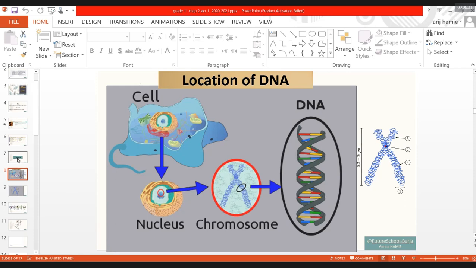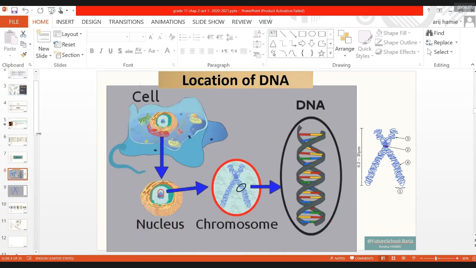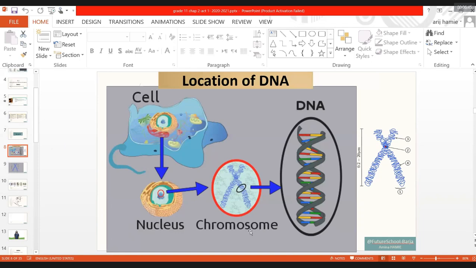Okay, so I added these slides. Okay, do you see them? When I added a few slides, a video to explain, or I do a revision for you about the chromosomes. So here we have the location of DNA. Now, when I'm saying DNA this year, it means the chromosomes.